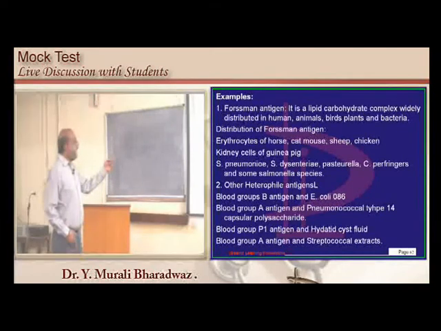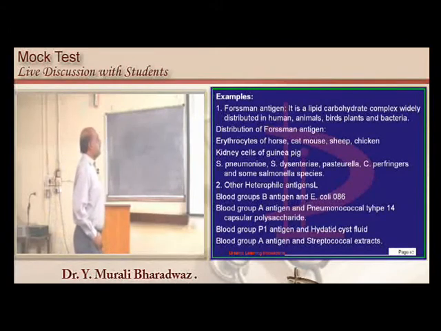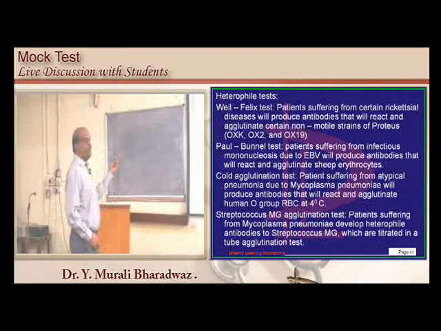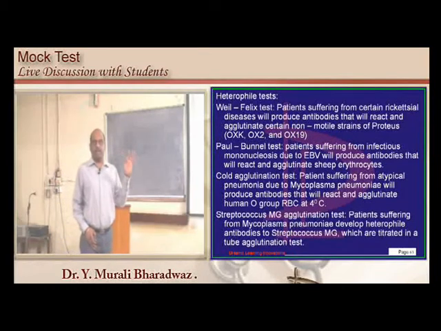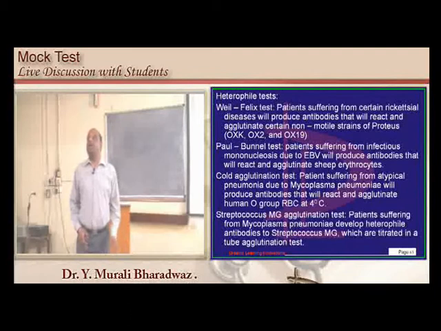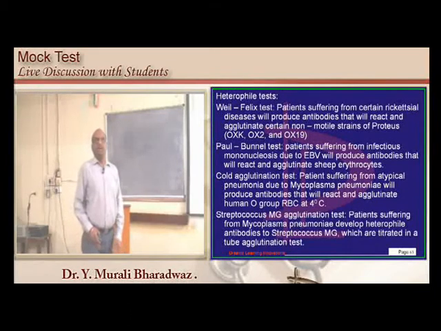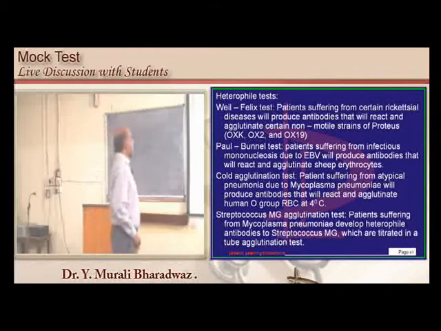Then the blood group A antigen and pneumococcal type 14 capsular polysaccharide both cross react. So Weil-Felix, Paul-Bunnell, cold agglutination and Streptococcus MG agglutination are all examples of heterophile antibody tests, is what we need to fundamentally remember.